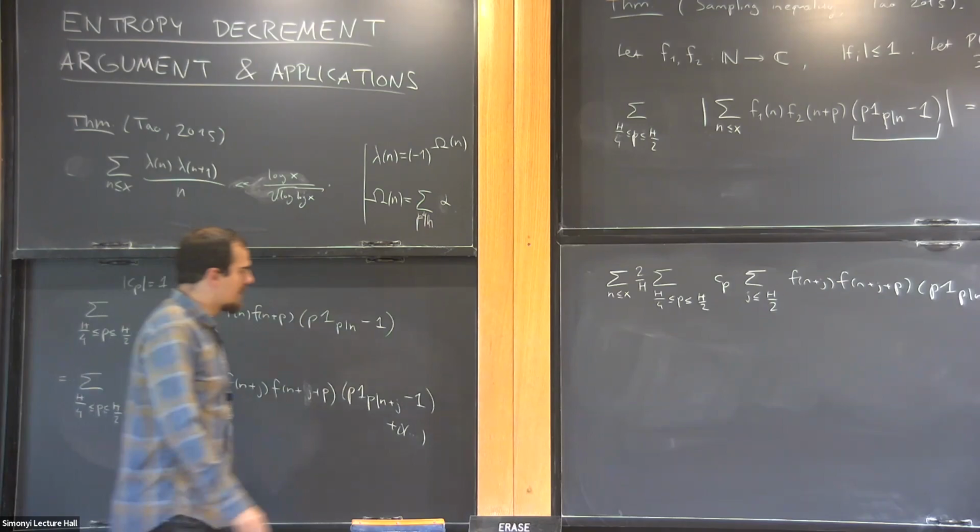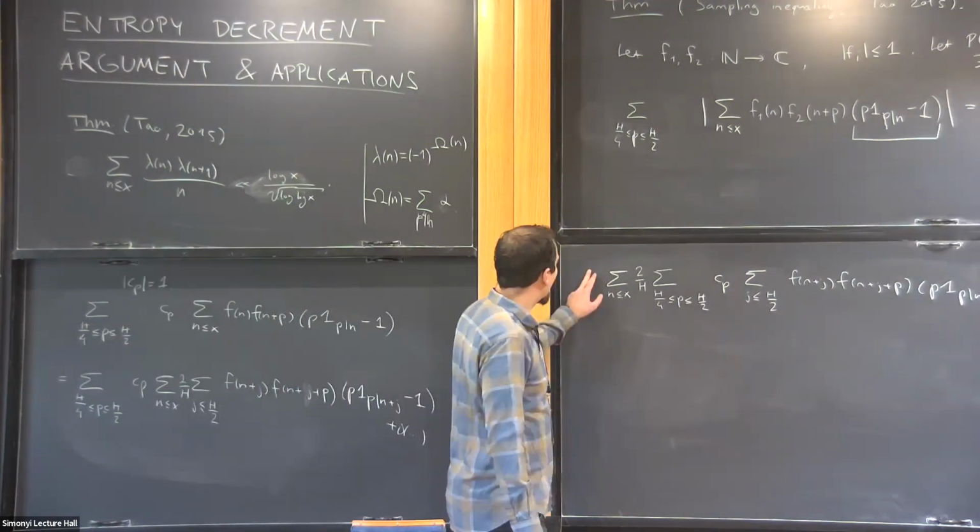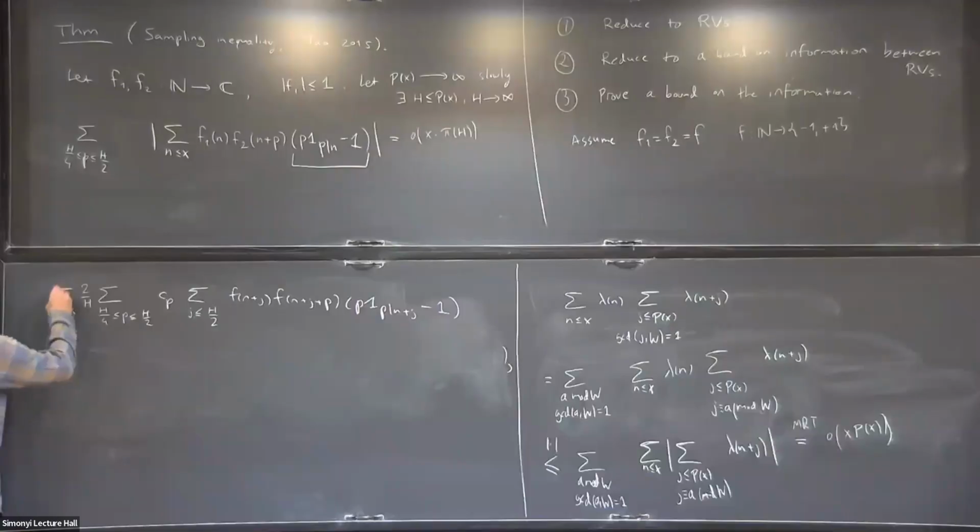Now let's put this as an average. Let me put an expectation here. I just mean the sum over n up to x divided by x, just to suggest more that we're going to use probability here.